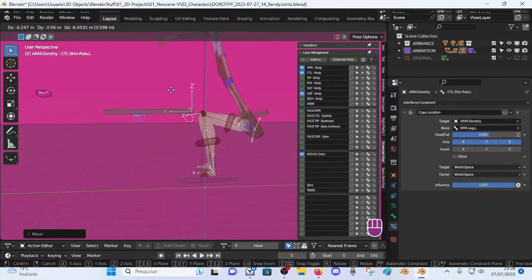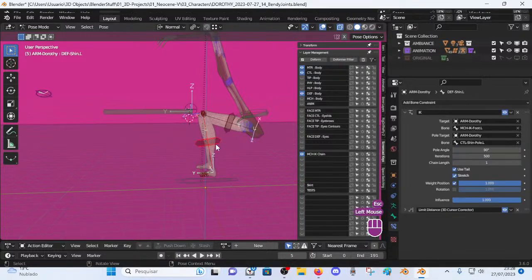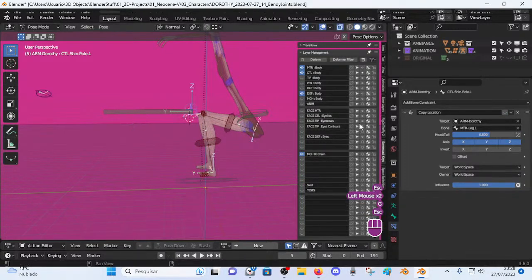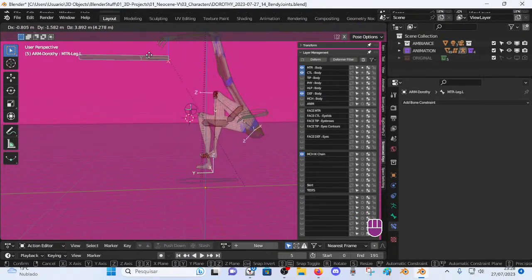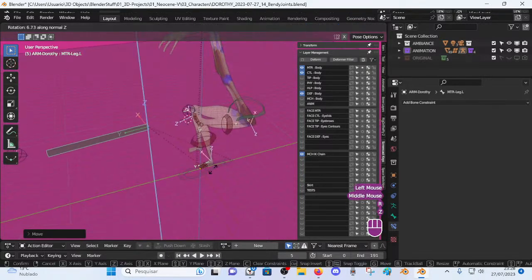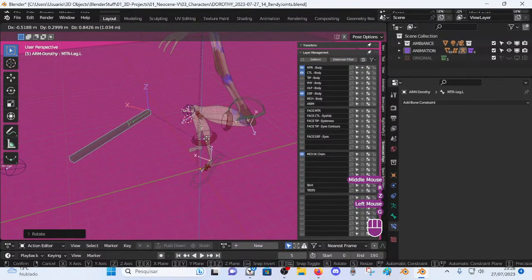It's not so much the case for this one, of course, because in relation to the shin bone, it must stay in front. So actually that's why I cannot move this back, and there would be no reason to move it back. So it must always be in front of the shin.